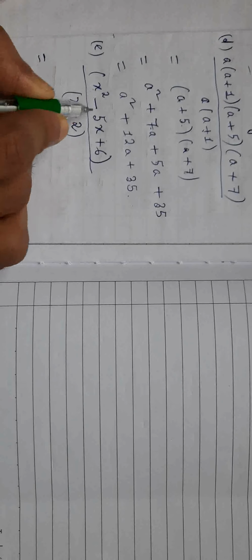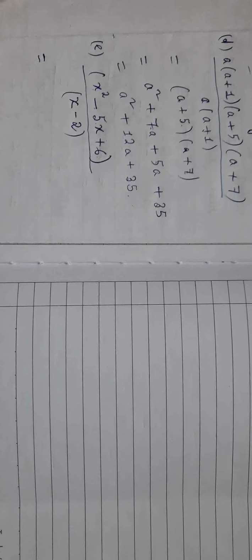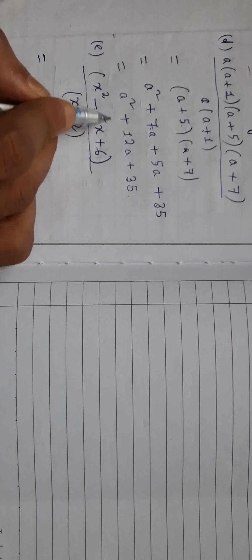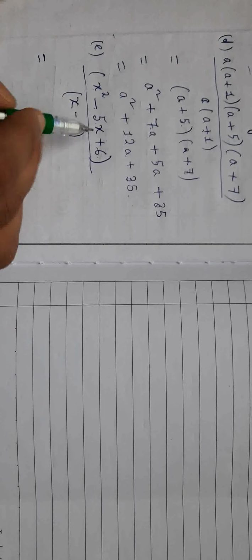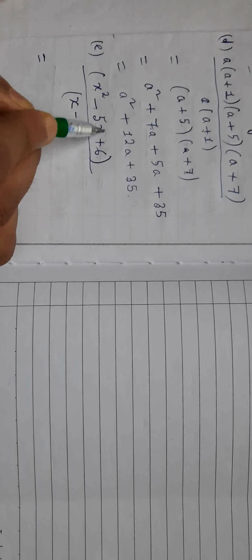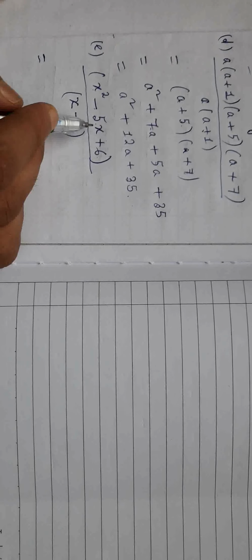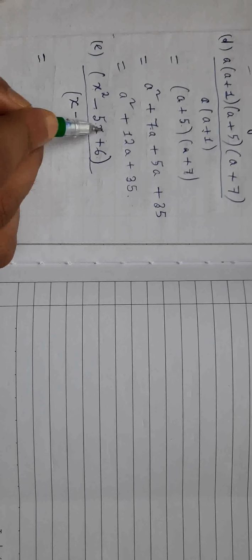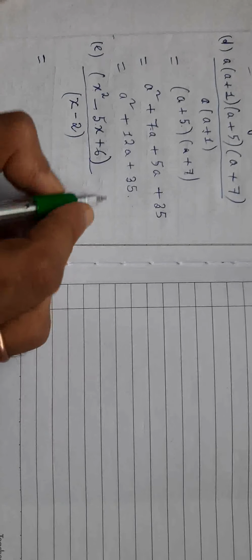So here it is x square, here is minus 5x, here it is 6. So there are 3 terms and the middle term is minus 5x. So we'll try to split minus 5 in such a manner that if we add we get minus 5, and if we multiply those two numbers we get 6.